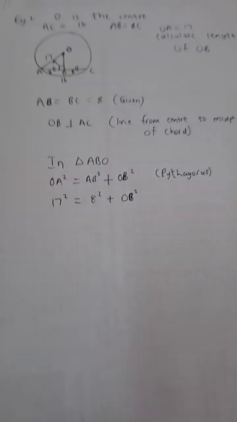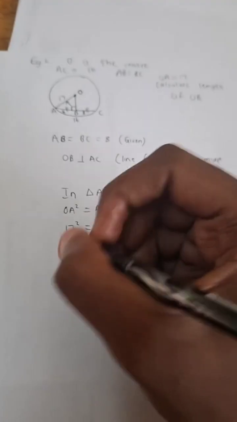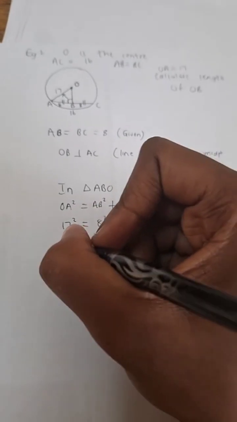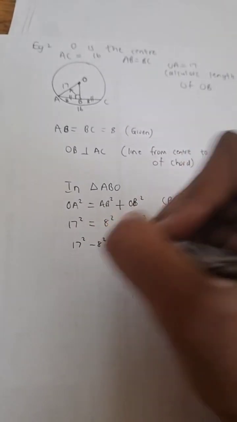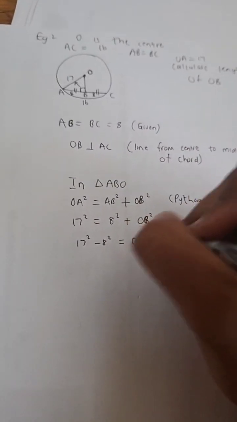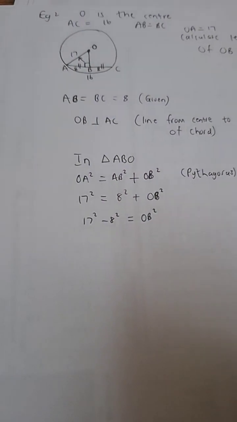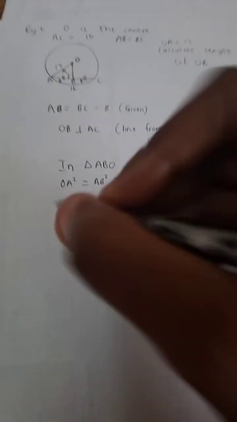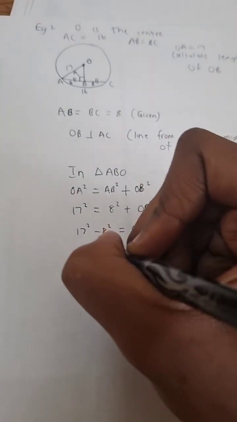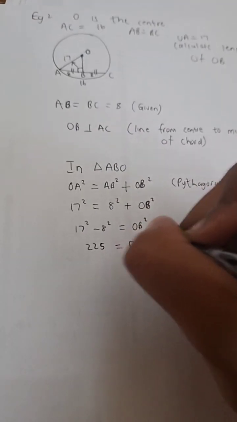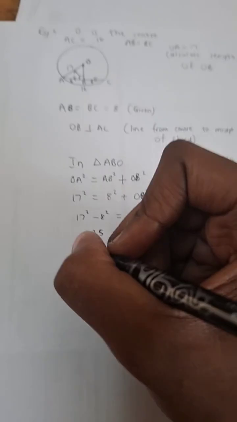Then I can isolate OB by transposing: 17 squared minus 8 squared is equal to OB squared. You can utilize your calculator. You'll get 225 is equal to OB squared.